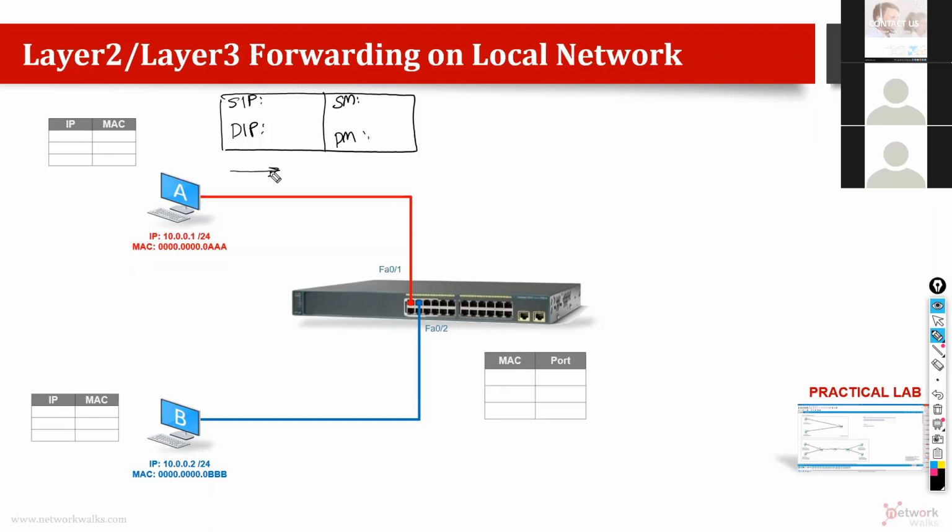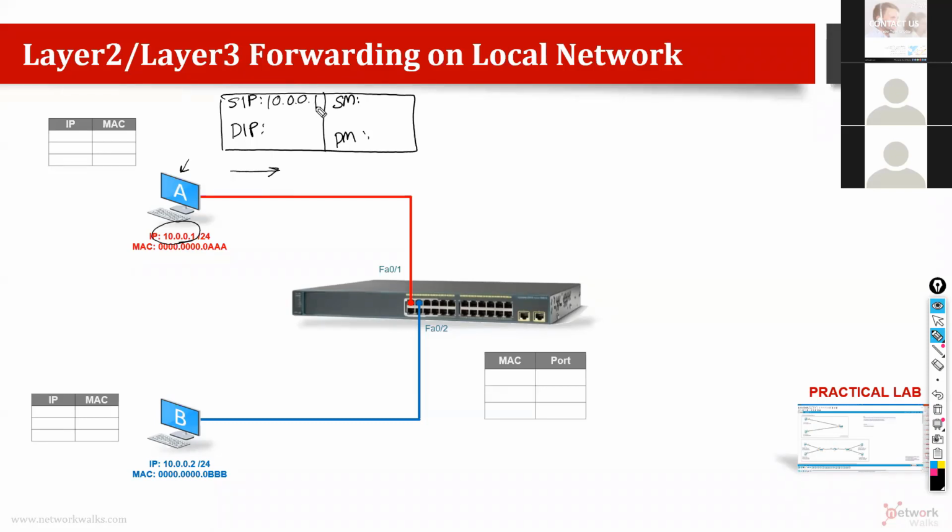So Raden says DIP and SIP we know. Abuden says only SIP, the source IP. Okay, let me explain because not many people are answering. The source IP we already know. Of course, this computer knows that my IP is this one, so our source IP is 10.0.0.1.